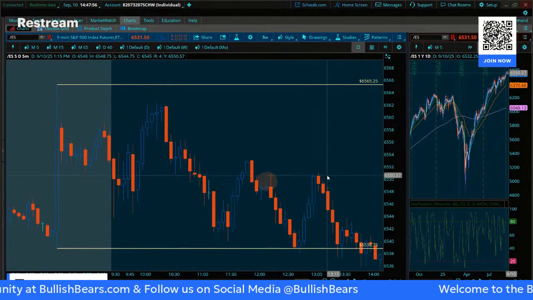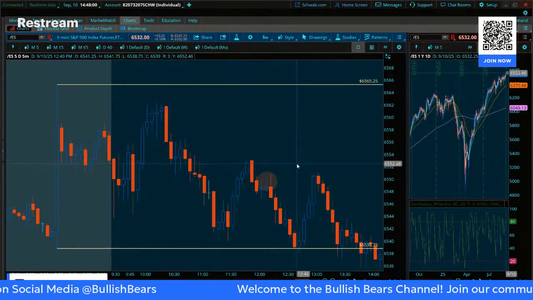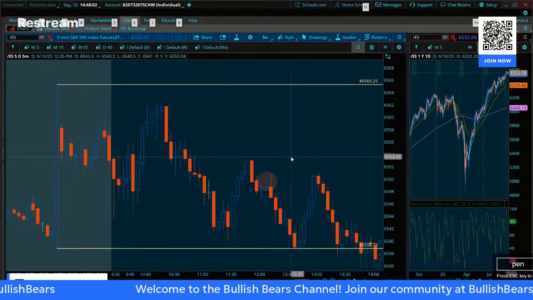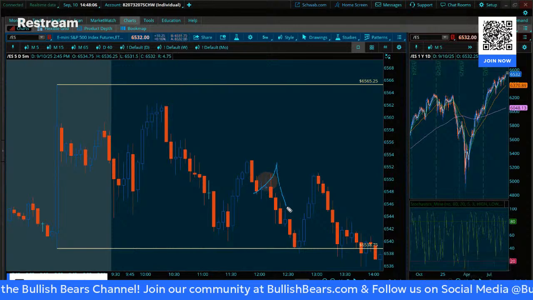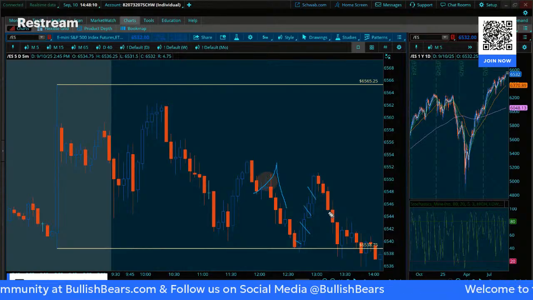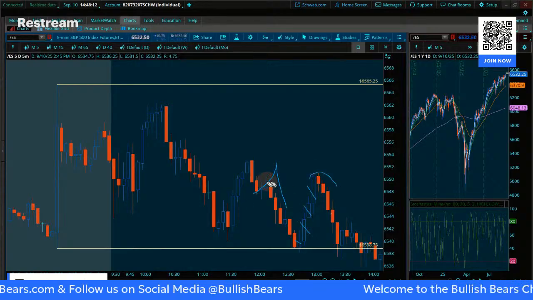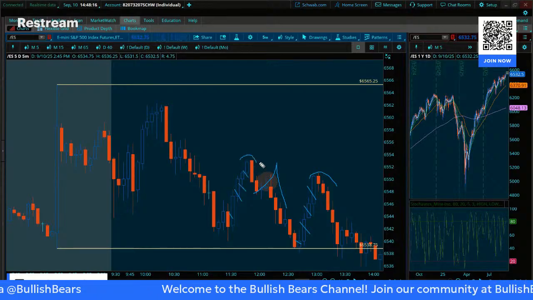And what I finally came up with for myself is that I'm looking for a collection of candles that actually traveled somewhere and then left that behind. Like this, we've got solid candles that actually ran up there and then we turned. Or here, where we had candles that went up there and then we turned.